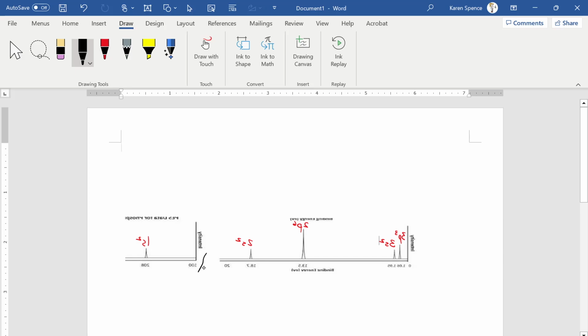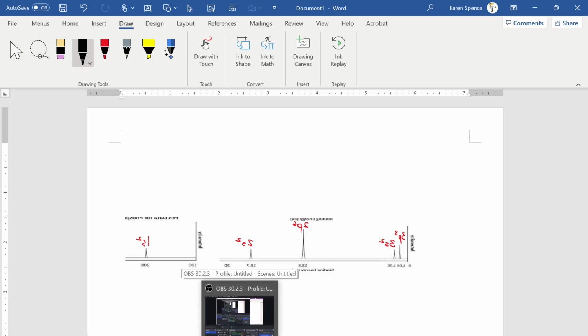Why will you not stay? I don't know. Anyway, we would have a break. So we would have the 1s2, 2s2, 2p6, 3s2, 3p3. So that's phosphorus.